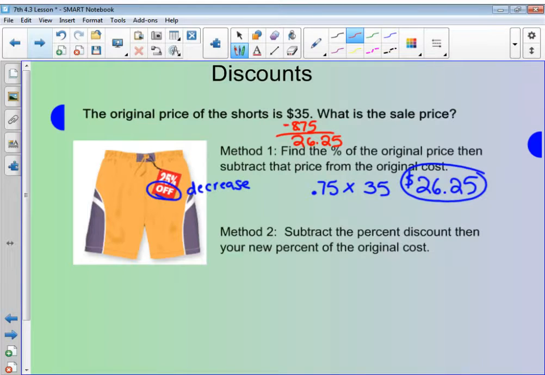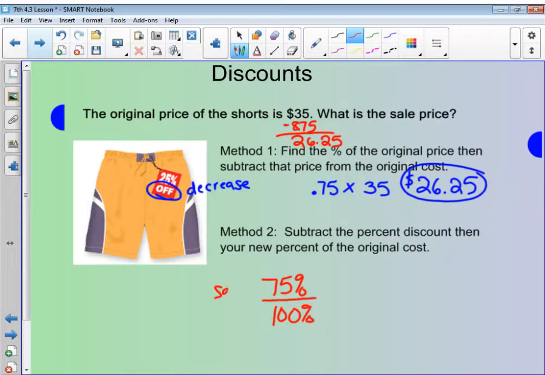I guess the other method I meant to discuss with you was to set it up as a proportion. But you have to understand that when you set it up as a proportion, you want to use the new percentage. So I could have said, I'm going to pay 75%, so 75% over 100.